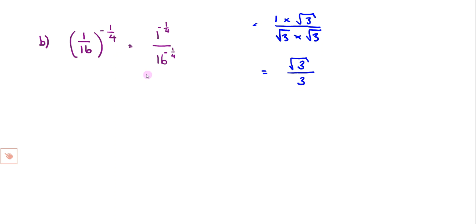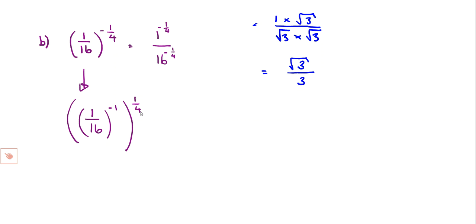I'm going to go back to this stage and do it a different way. Instead of distributing the power first, I'm going to deal with the negative first. So I'm going to write it as 1/16 to the power of negative 1, to the power of a quarter.